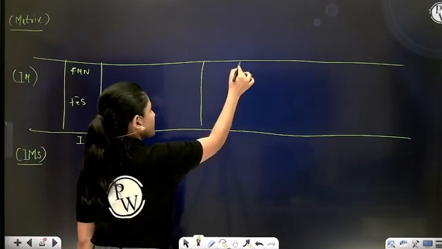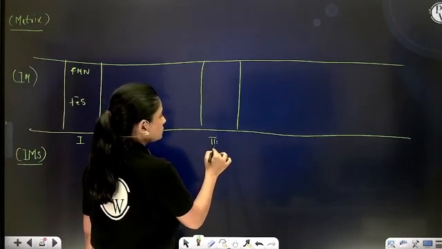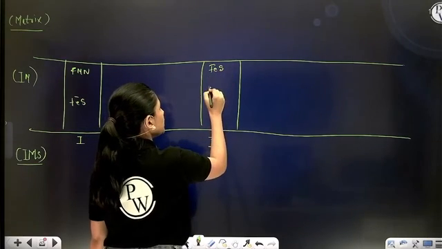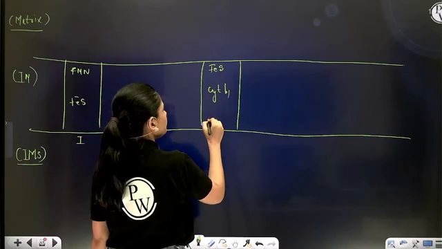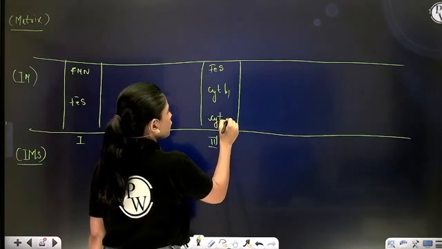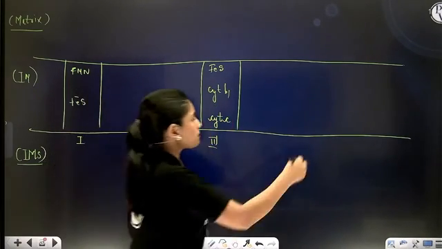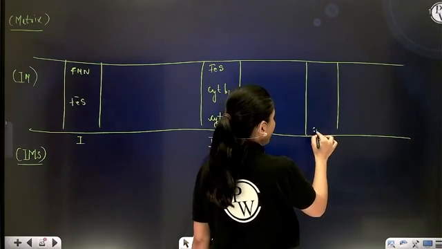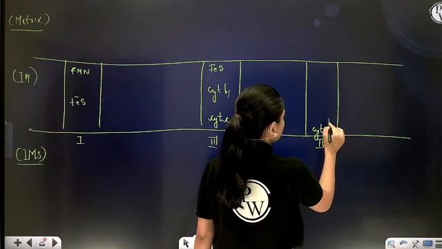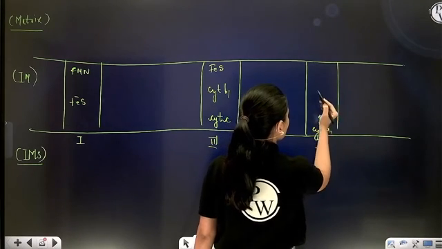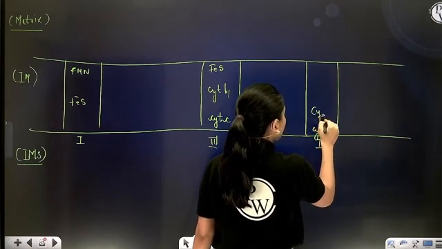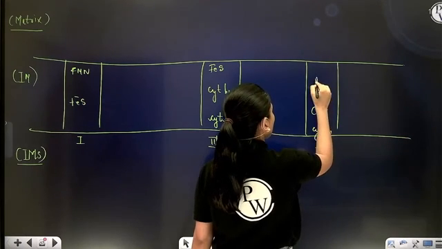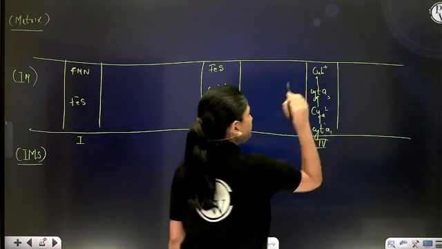Then comes your complex 3, which is made up of 3 components, that is iron sulfur, cytochrome B1 and cytochrome C, followed by complex 4 made up of 4 components, that is cytochrome A1, copper A plus, cytochrome A3 and copper B plus.